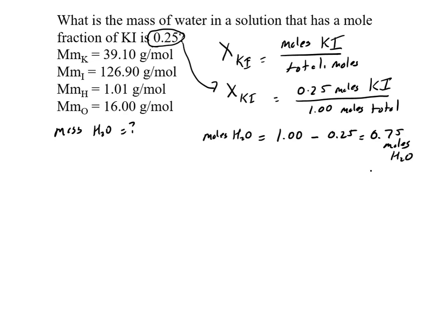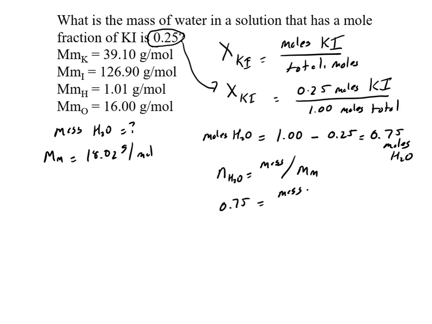Okay. And then simply to find the mass of water, I'm going to use the fact that n of water is the mass divided by the molar mass. And so the molar mass of water is 18.02 grams per mole. So I have 0.75 is mass divided by 18.02.